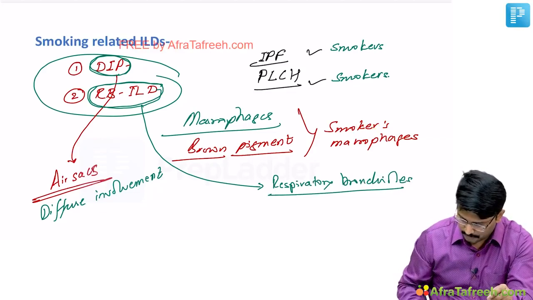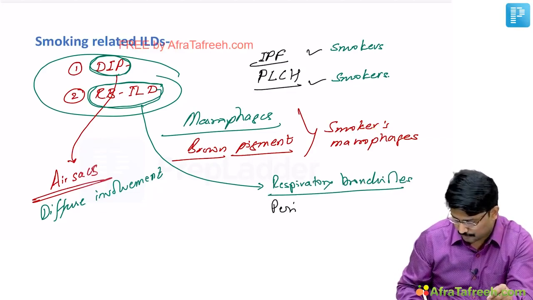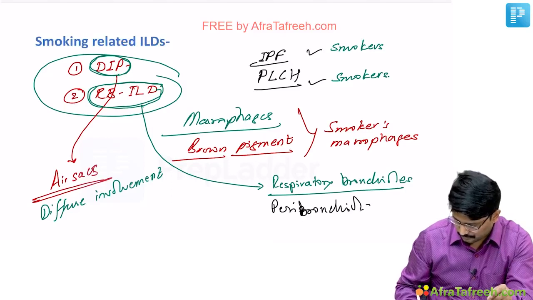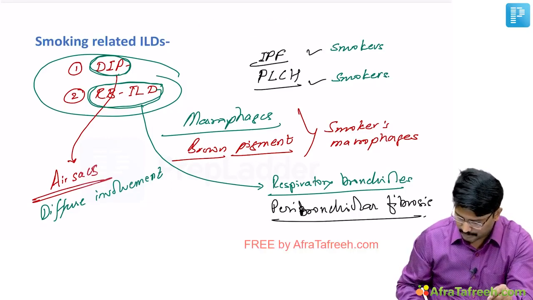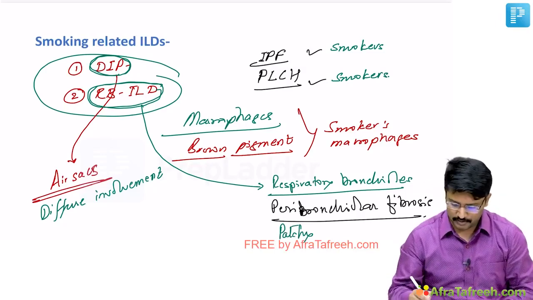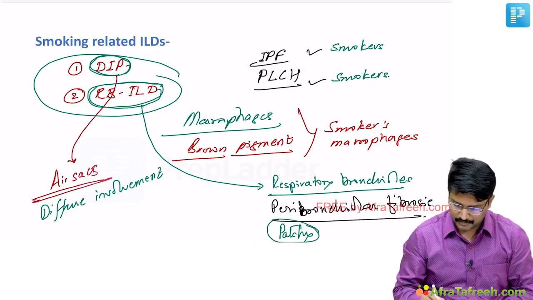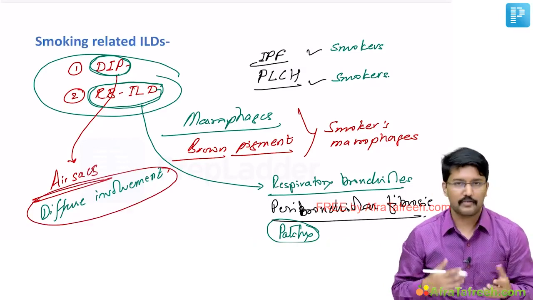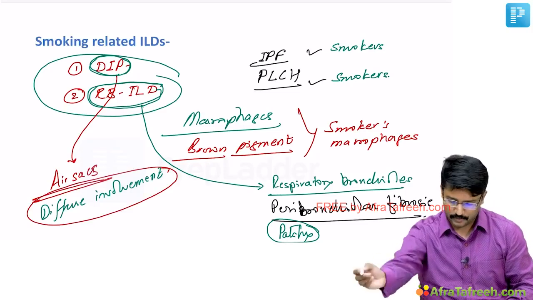So there is peribronchial, peribronchiolar fibrosis, and hence the involvement here is patchy. In DIP, the involvement is diffuse and the involvement in RBILD is patchy. Otherwise, they appear to be very similar entities.